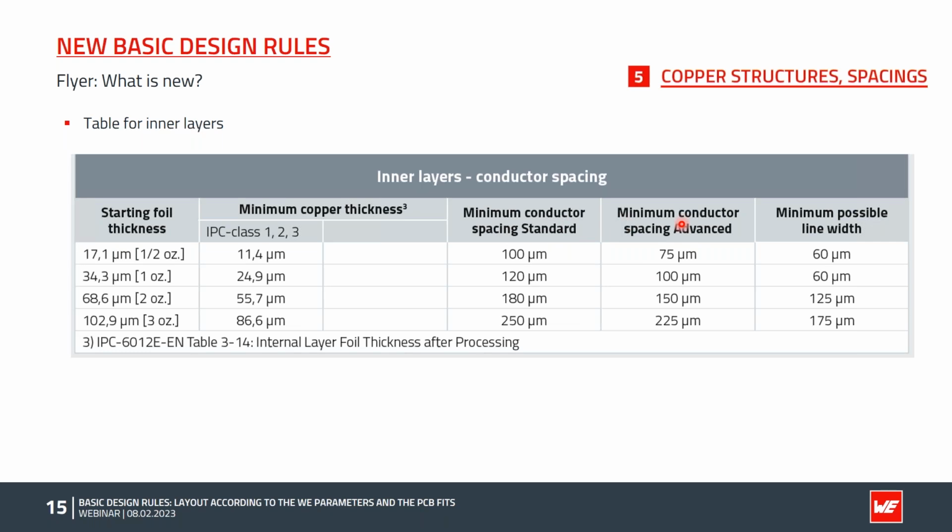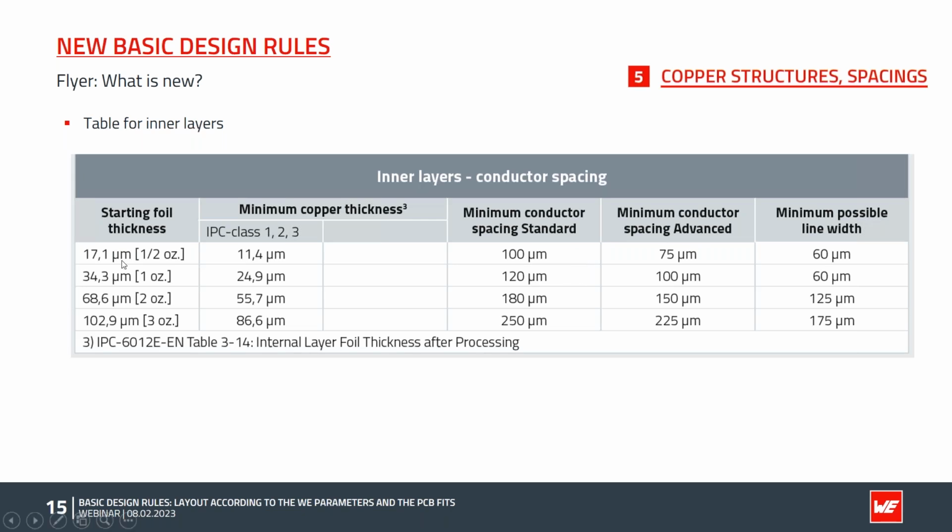And the last row shows minimum possible line width. So that does not have to be 60 micron, but it could be 60 micron. Of course, it could also be much larger, but the restrictive parameters are the copper spacings.